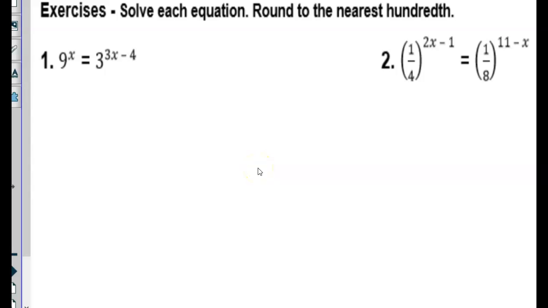What can we do on these, guys? Yeah, we can turn them, well, and students will try this. They'll try to take the log of both sides because it has x's in the exponent. But if at all possible, you don't want to have to mess with that because it gets real messy. What could we do? Because 3 and 9 are kind of related. Yeah, the 9 could become a 3 squared.